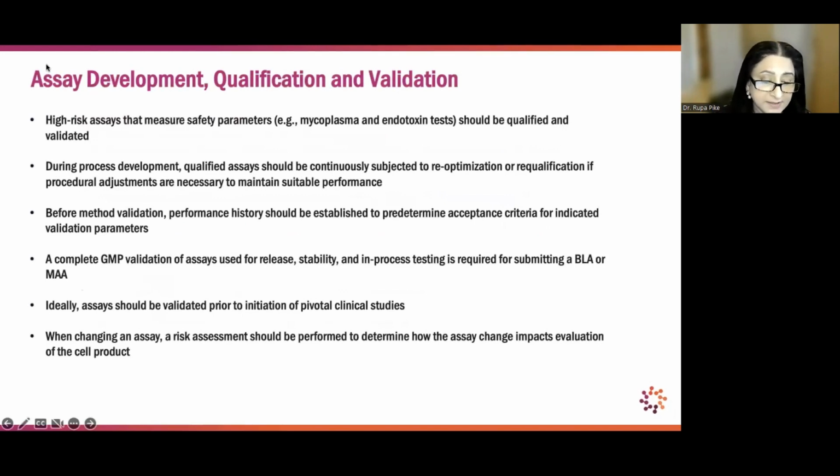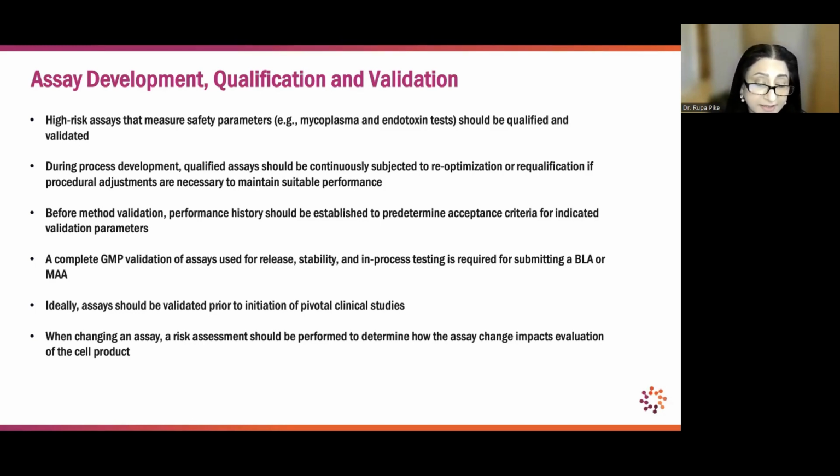So this brings us to the topic of assay development, qualification, and validation. And many of the cell therapy developers have gone through all these stages, or some of them have just gone through the development and qualification stages, depending on where they are in the process. It goes without saying that assays need to be developed as early as possible. We have heard that from many sponsors, many white papers, many thought-provoking articles, as well as from the regulatory agencies.